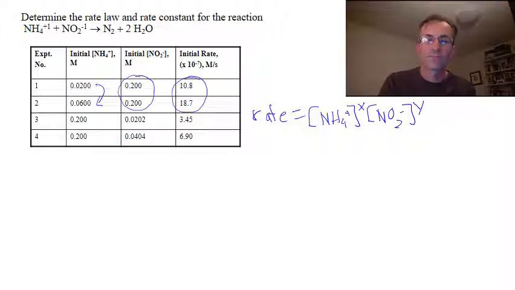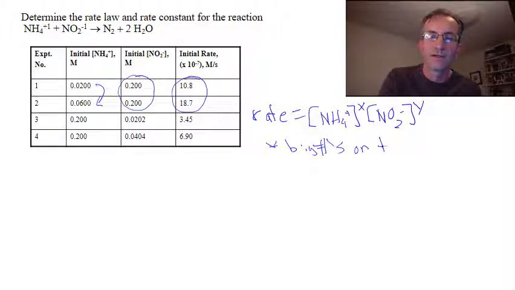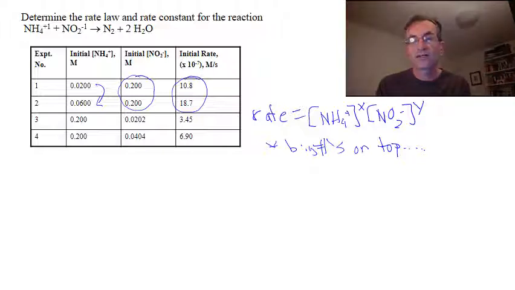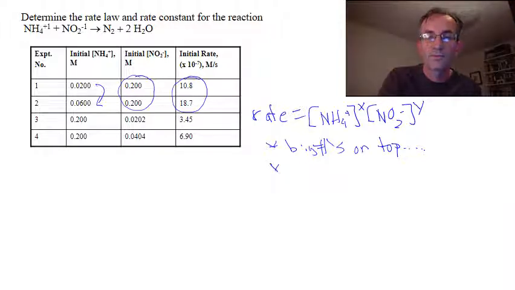A couple of things I pointed out in class: when you set up this ratio, always put big numbers on top, because it makes your math the easiest. The other thing that will help is that x belongs on the concentration side.